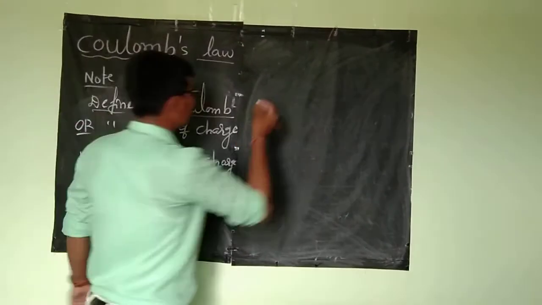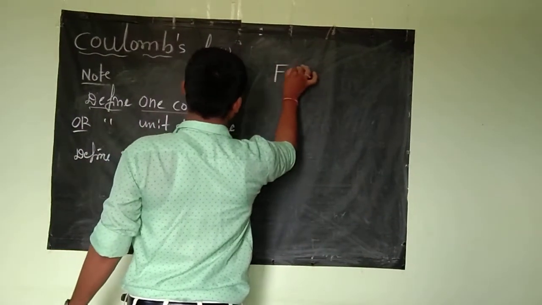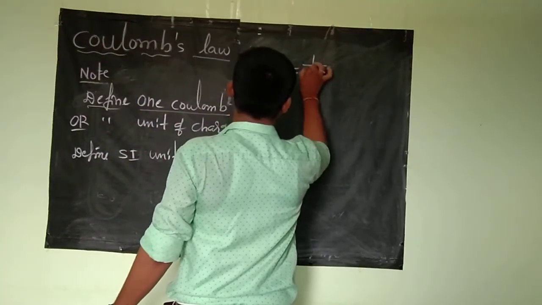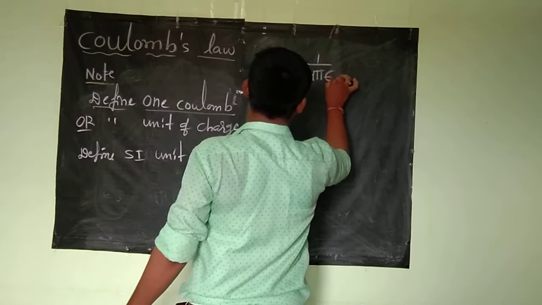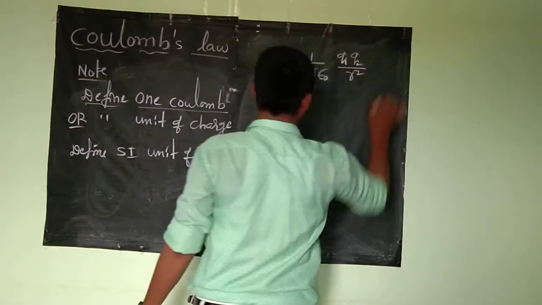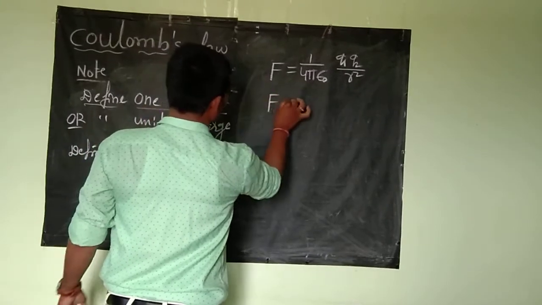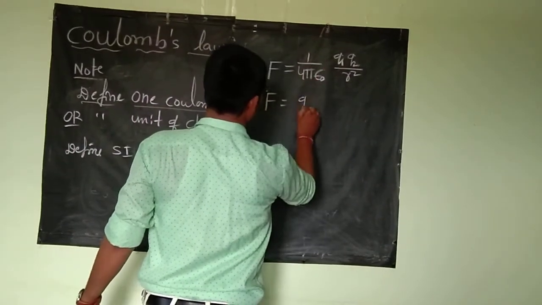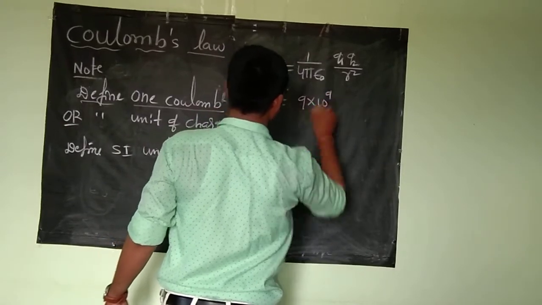So again, you have to remember the formula for electrostatic force or Coulombic force. F is equal to 1 by 4 pi epsilon naught, Q1 Q2 divided by R square, where the value is 9 into 10 to the power 9.